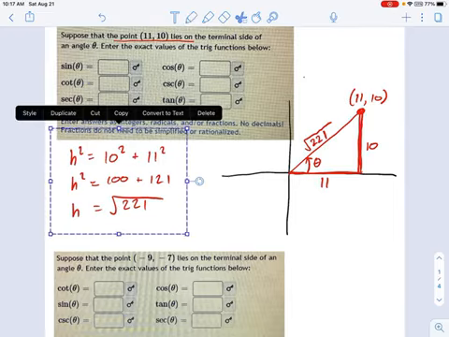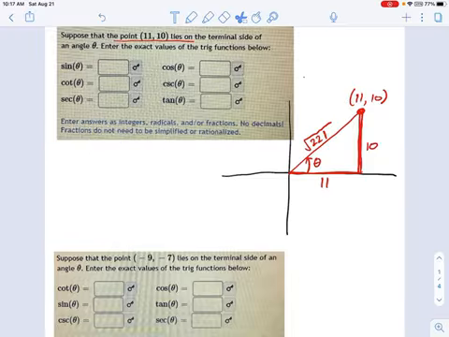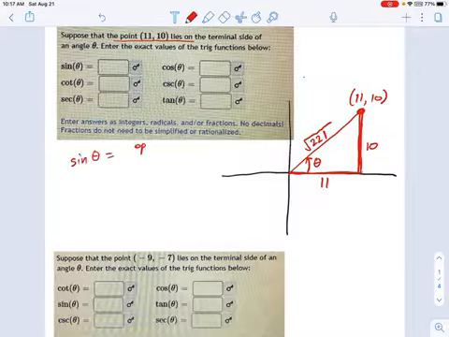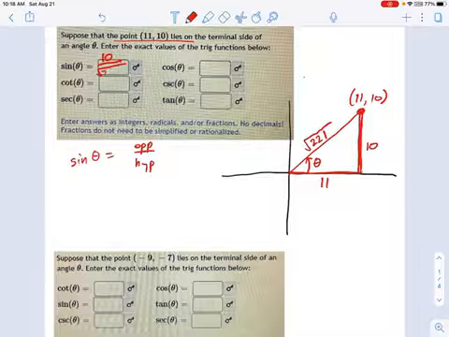Now we have a complete triangle, and the rest of this problem is going to be a snap. So what is sine of theta? Sine of theta, if you remember, is just opposite over hypotenuse. So this becomes 10 divided by the square root of 221.